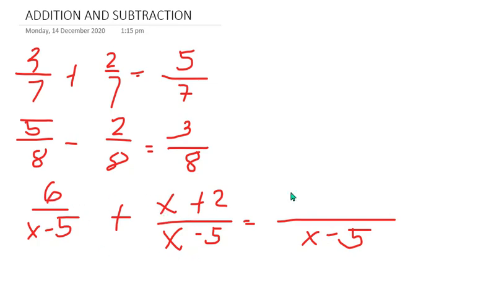So we have here x plus 6 plus 2 is equal to 8. So this is the answer. This is now the simplified answer on how to add if the denominator is the same.